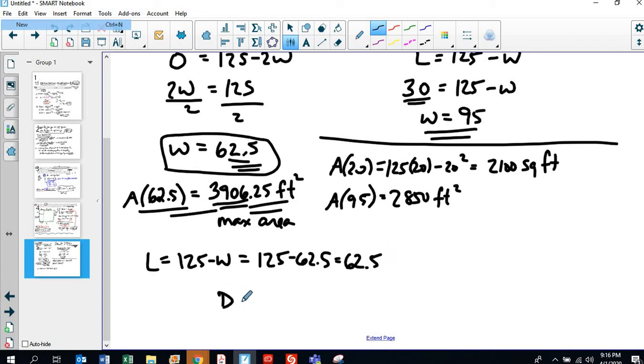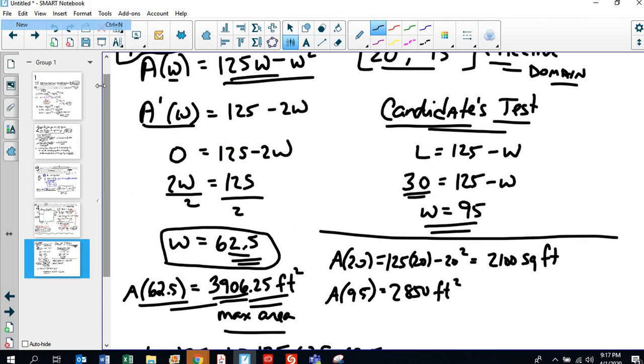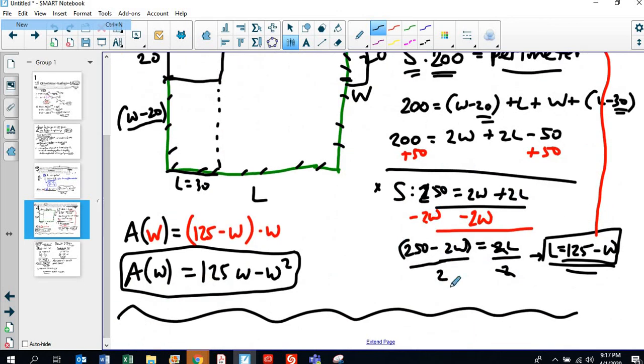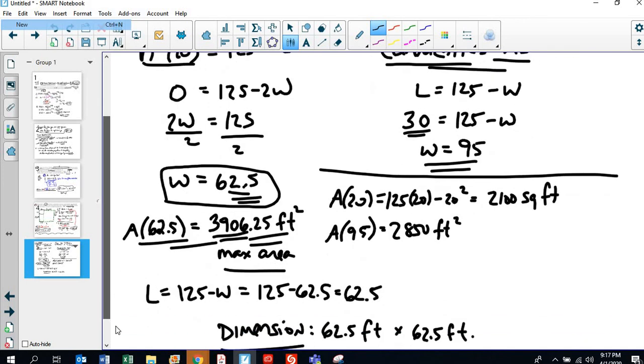And so the dimensions that yield this maximum area for Farmer Brown's fence here is 62.5 feet by 62.5 feet. So you can see that even if you had decided to solve this equation here for W instead of L and plugged in and had an A of L instead of an A of W, you would have ended up with the same thing as your answer.